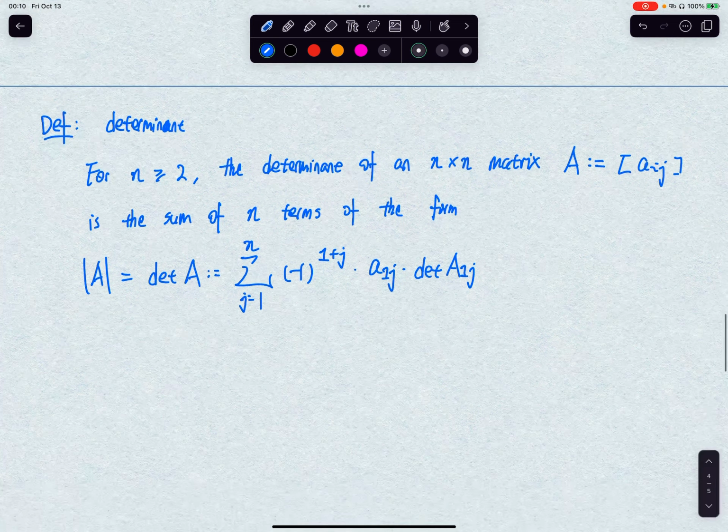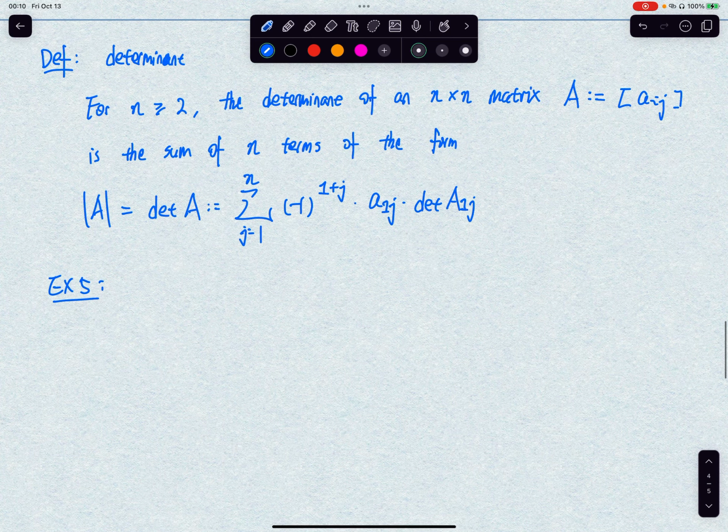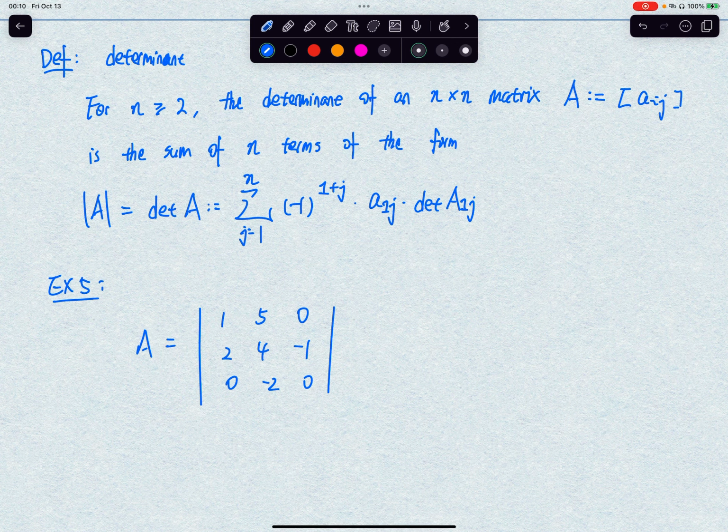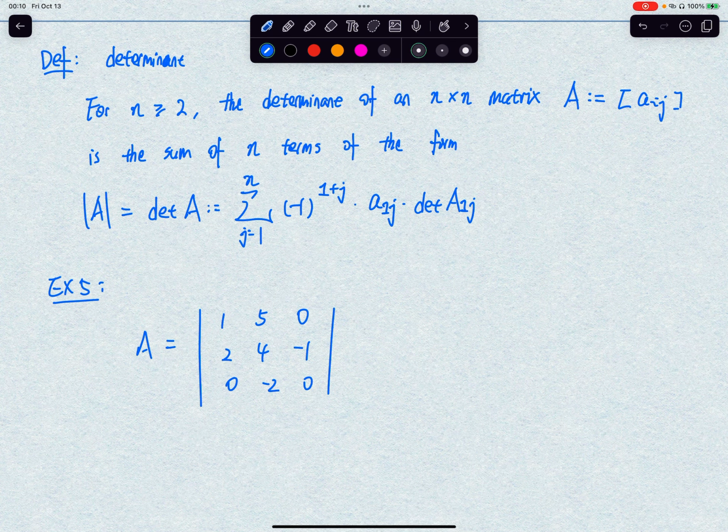Okay, so let us do an example. If we are to calculate the determinant of the matrix with rows 1, 5, 0; 2, 4, minus 1; and 0, minus 2, 0. So let us interpret this definition since it is not very familiar to people who are exposed to this terminology for the first time.